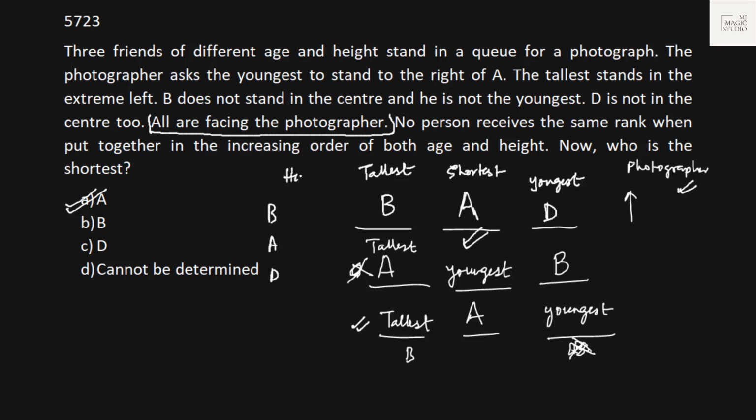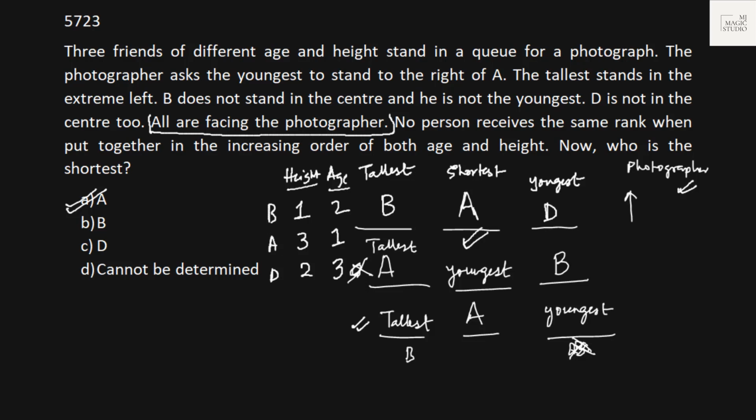So we have got B, A, D as far as height is concerned, and then age. D is youngest, rank 3. B is tallest, height rank 1. A is shortest, rank 3. Rank is 2. Here it cannot be 1, it should be 1 and 2.